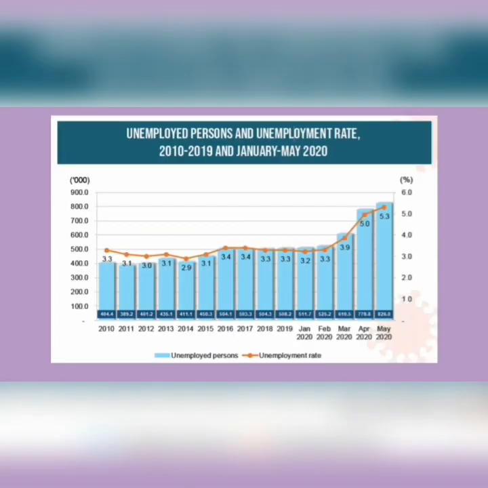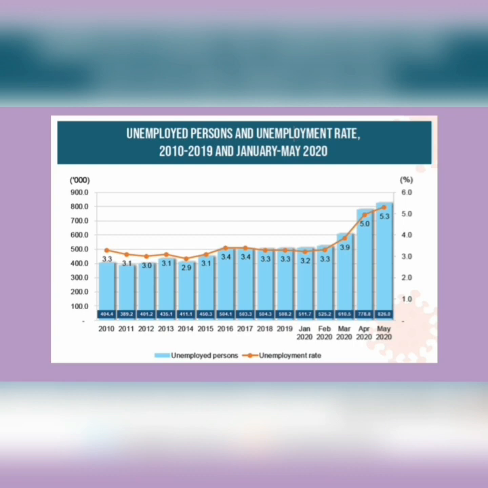Employment and unemployment. The unemployment rate in Malaysia climbed to 4.7% in October 2020 from 3.2% in the corresponding month of the previous year, amid the severe impact caused by the COVID-19 pandemic.